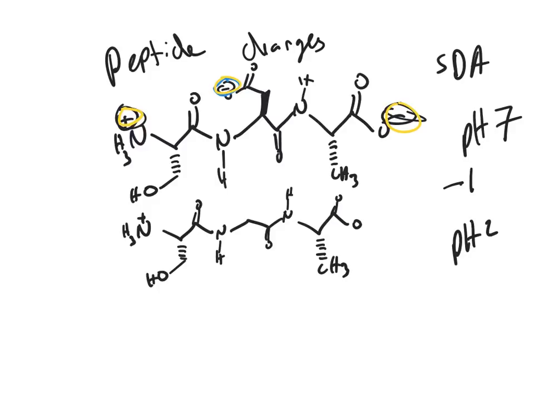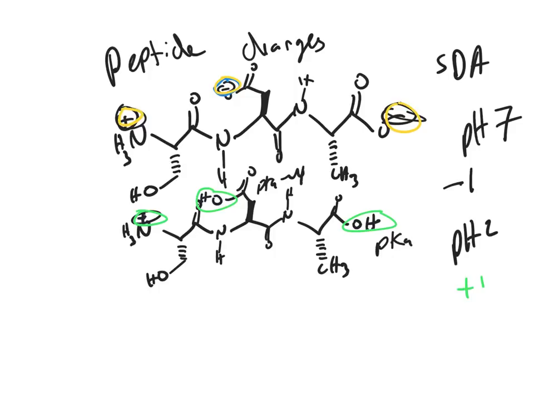So now we're at a pH of 2, which means that this one will be protonated because this pKa was 4, as well as our aspartate is also going to be protonated because that pKa is also 4. So now the overall charge on our molecule will just be this nitrogen plus over here, because this one is neutral and neutral. So at pH of 2, this molecule has a charge of +1.